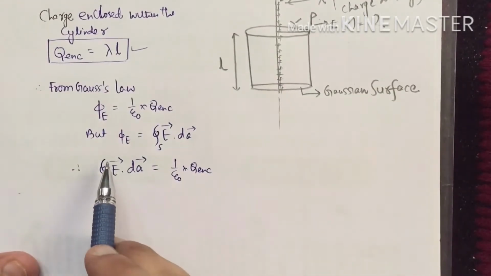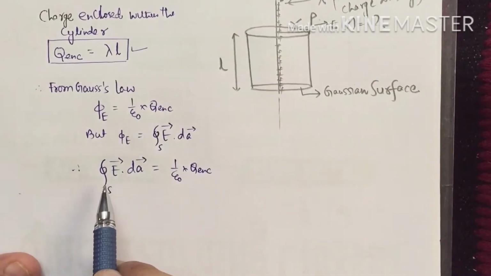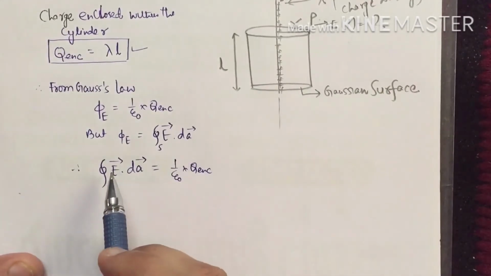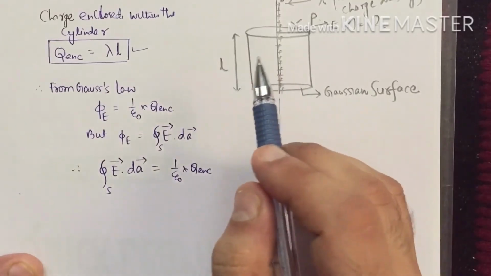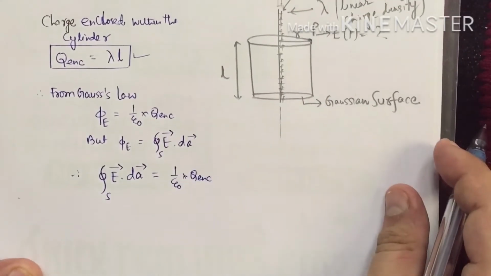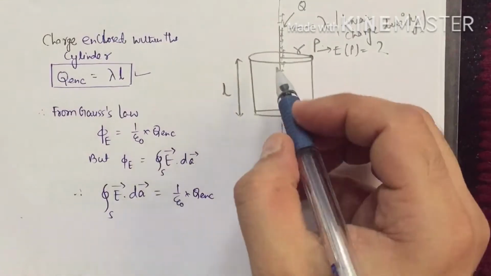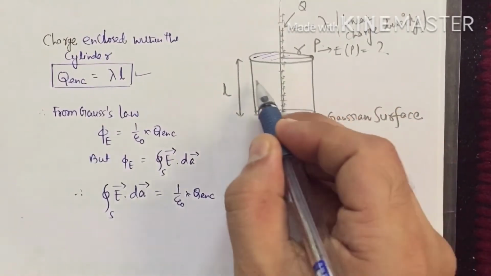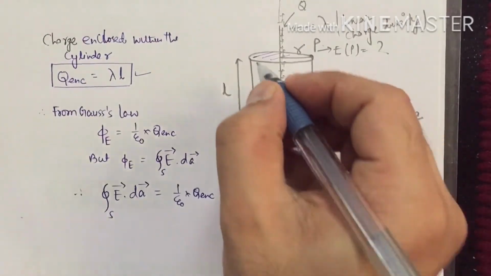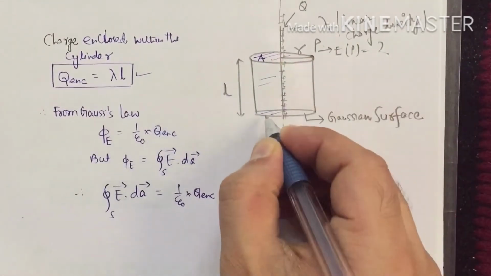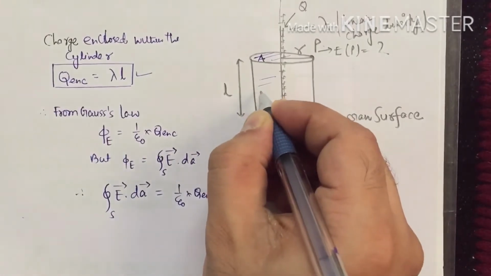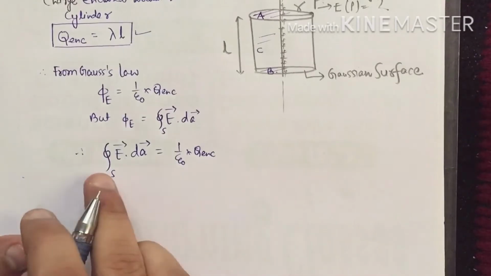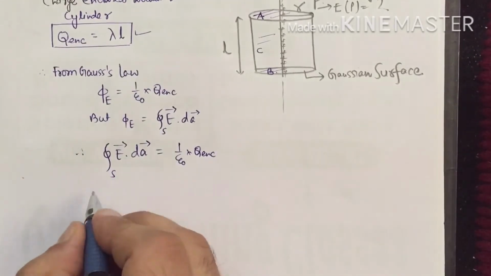Now this closed integral can be opened up into the open integrals. That means any closed surface is bounded by the open surfaces, and this cylinder is bounded by three surfaces: the upper surface, the lower surface, and this curved surface. So let us assume the upper surface by A, lower surface by B, and this curved surface by C. So let us break this integral into open integral.